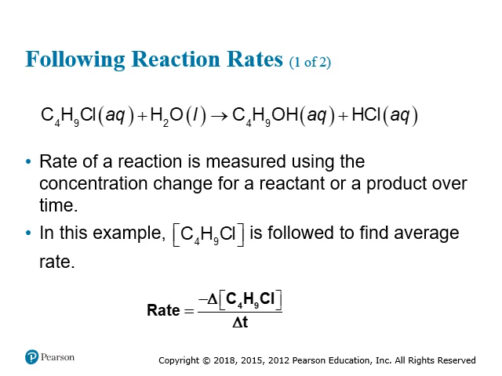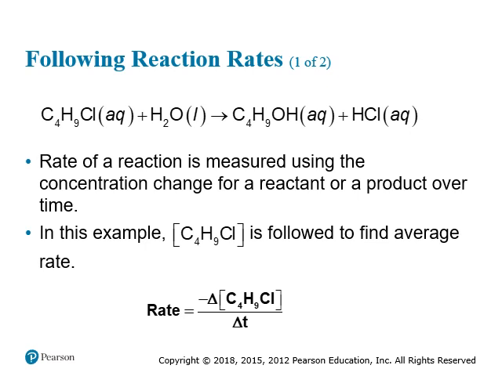Since we start with an appreciable amount of butyl chloride, we're going to measure the rate of reaction by looking at how quickly butyl chloride is consumed or is used up. We could also look at butanol and see how quickly butanol is formed.